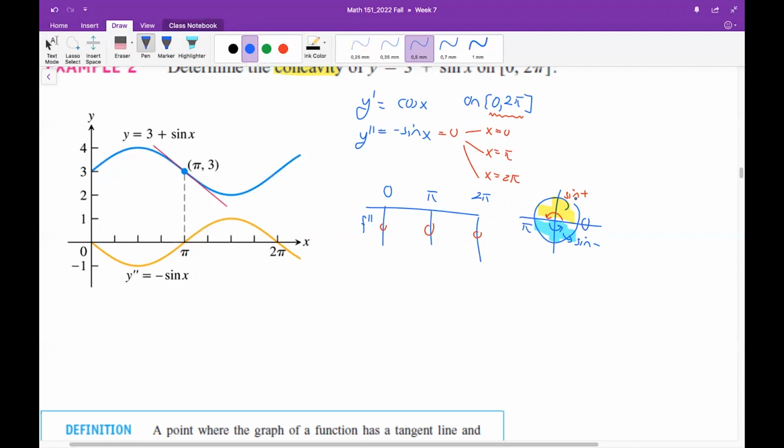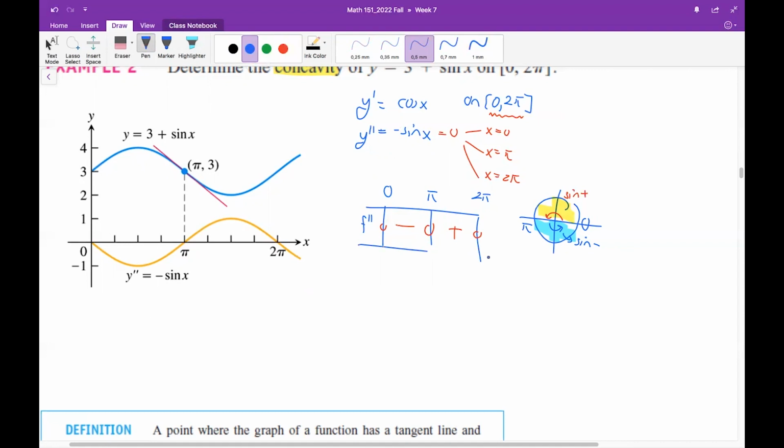So from 0 to pi, sine is positive. There is another extra negative sign in front of it. That's why I need to put a negative sign here. From pi to 2 pi, sine values are negative. Multiply by one more negative sign here. That's why I need to put a positive sign here.